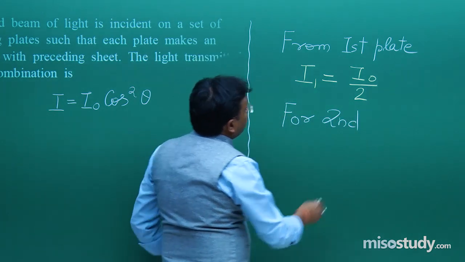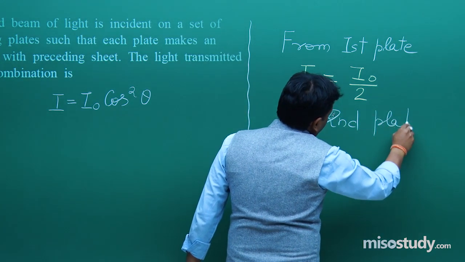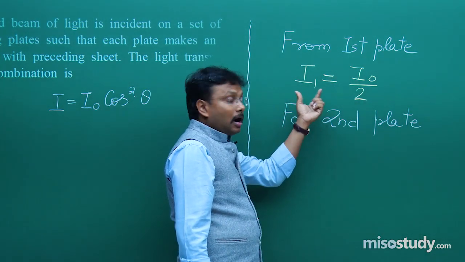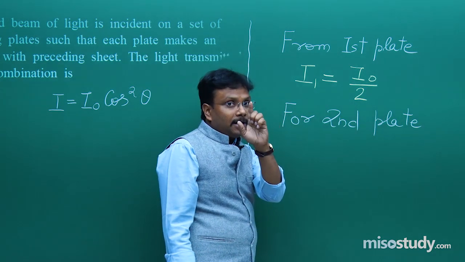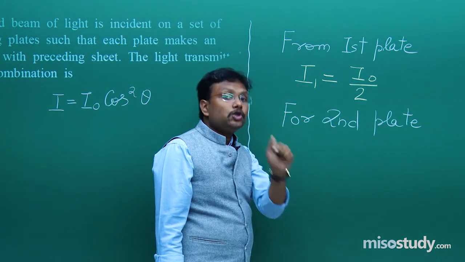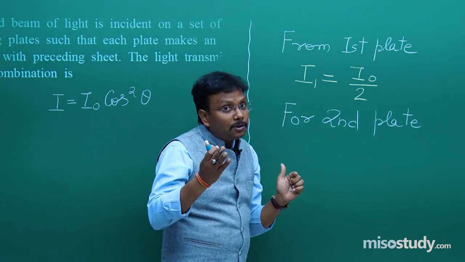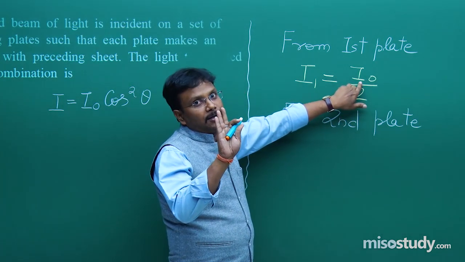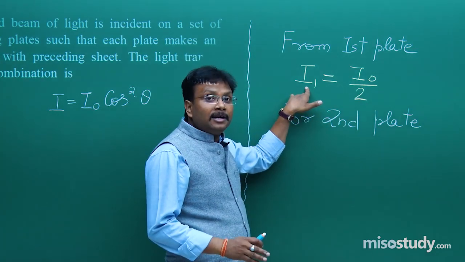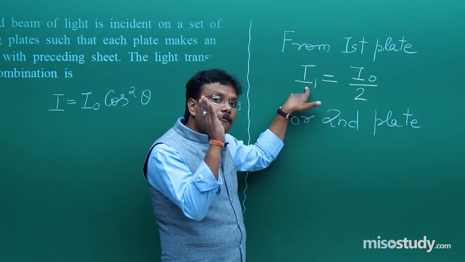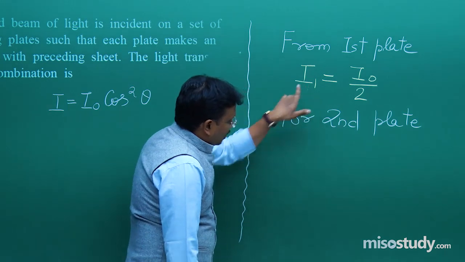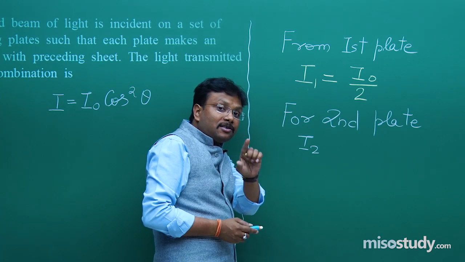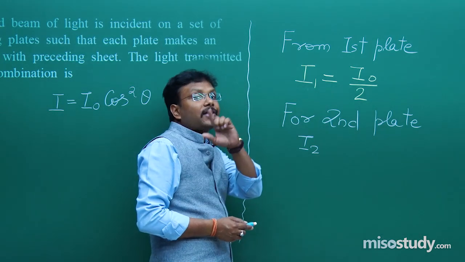Then for the second plate, now this I1 light after coming out from the first plate will strike the second plate and then comes out. So basically I naught is the original intensity, I1 is the intensity coming out from the first plate, and similarly I2 is the intensity that is coming out from the second plate.